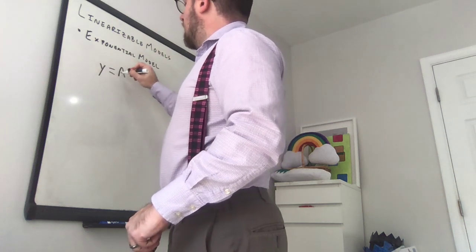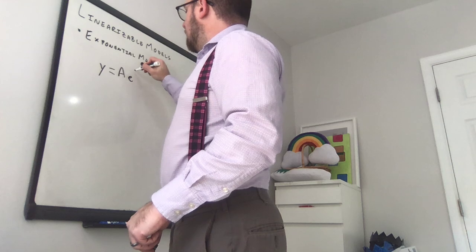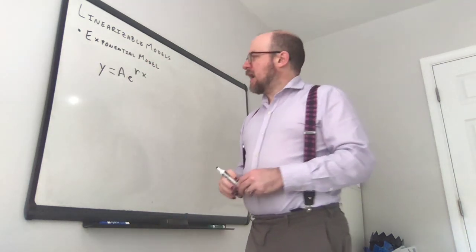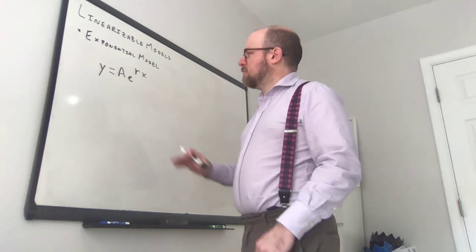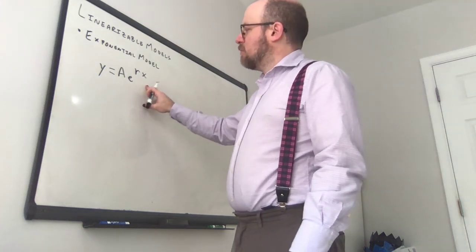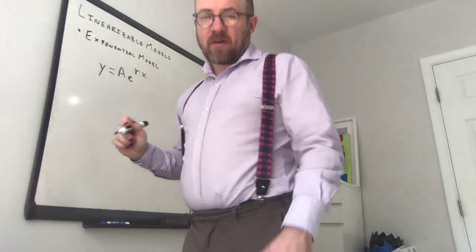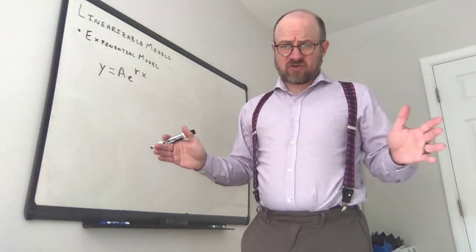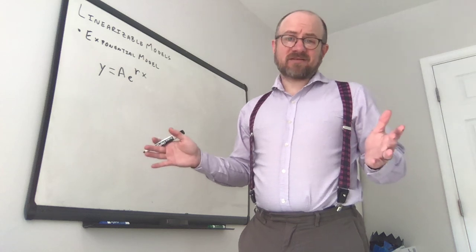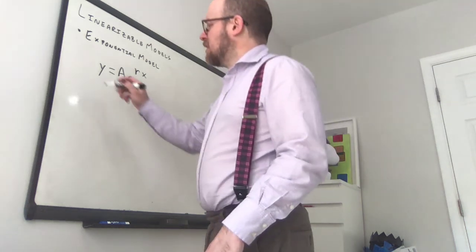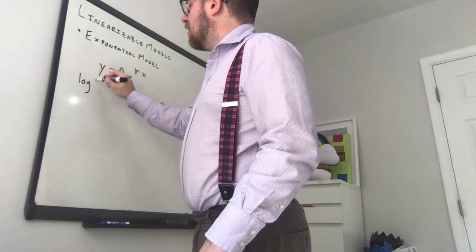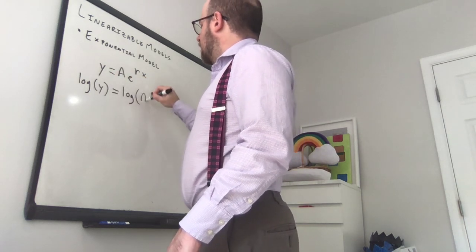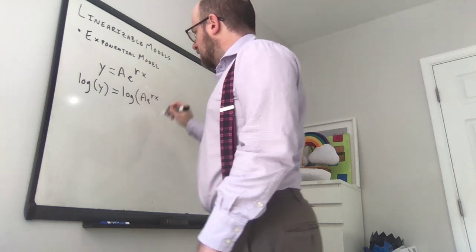Y equals a e to the rx, something like this. And so remember, we talked about this in that you can transform this using a logarithm. So I'm not going to write natural logarithm ln, I'm going to write log. I always mean natural logarithms, though in practice it doesn't actually matter, it just changes the coefficient sum. So I'm going to take the log of each side. So log of y is log of a e to the rx.